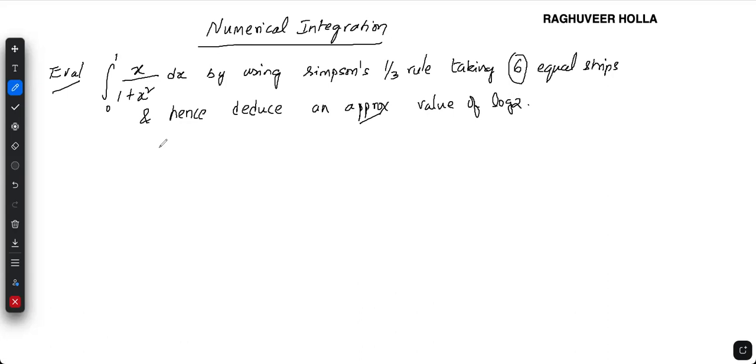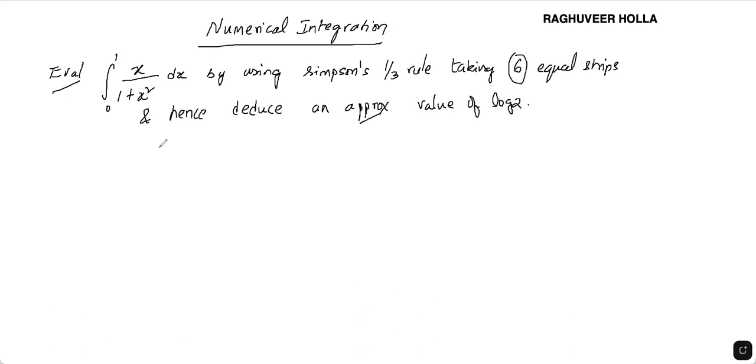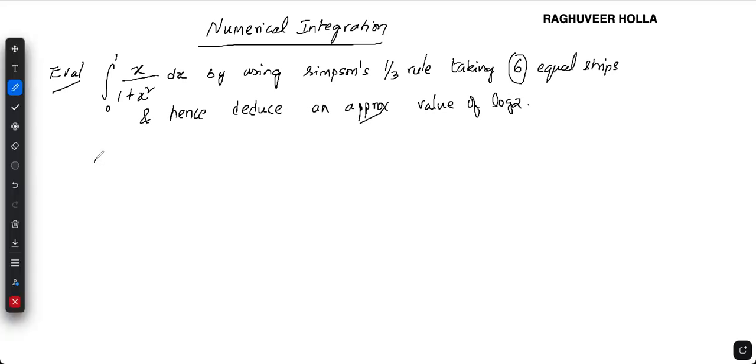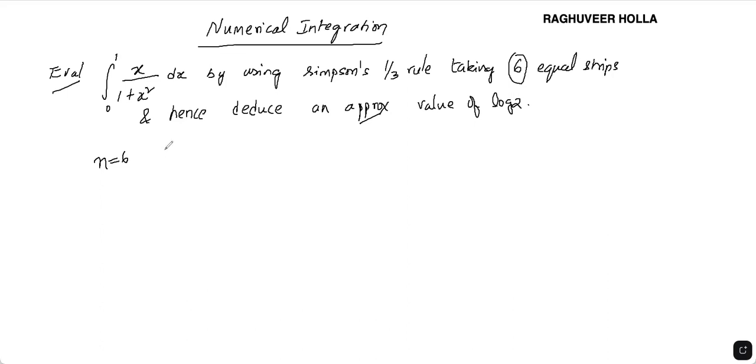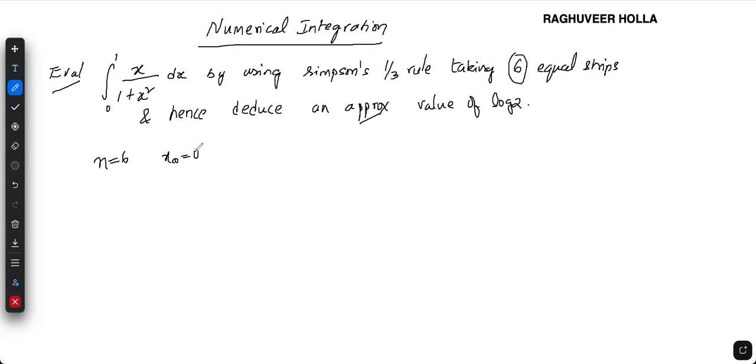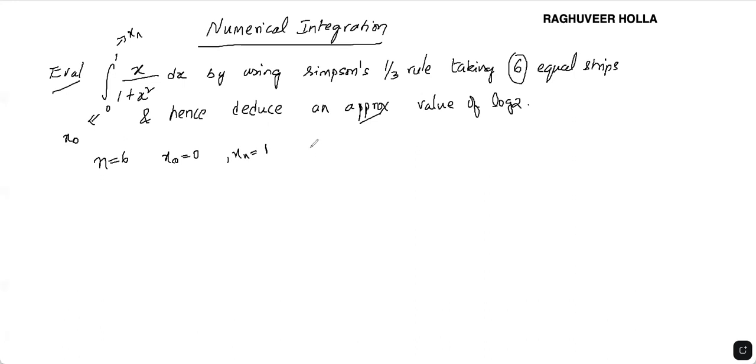So we know the formula for Simpson's one-third rule. Here, taking n as six equal parts, your x0 is 0, and this is your xn, and xn is 1.